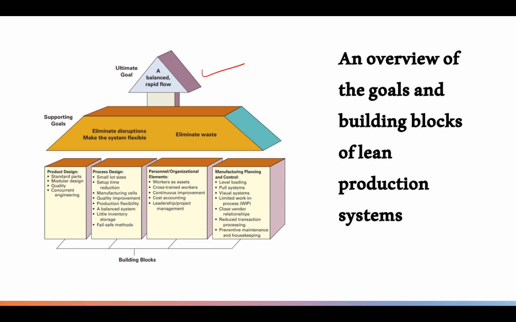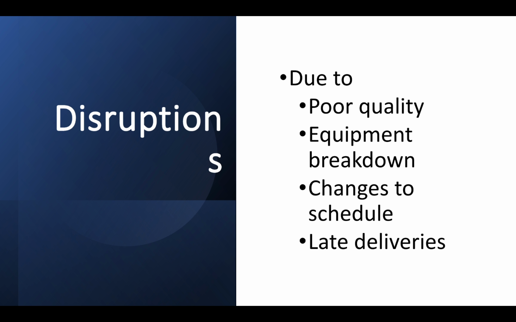The degree to which this overall goal is achieved depends upon how the supporting goals are achieved. These supporting goals are eliminating disruptions, making the system flexible, and eliminating waste, especially excess inventory. Disruptions have a negative influence on the system because they upset the smooth flow of products through the system.